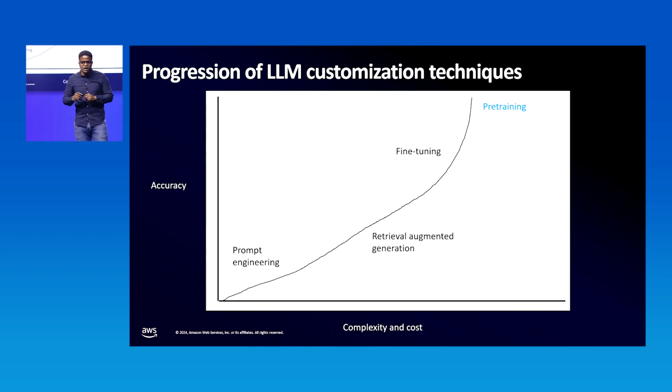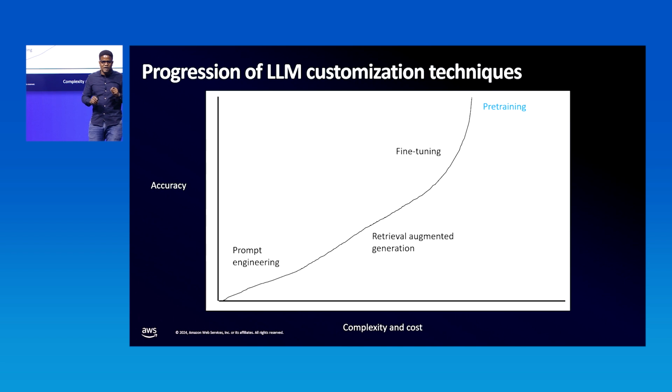And right at the top, we have pre-training, where we take a base model and train it on large text corpora in an unsupervised manner. And pre-training offers the highest potential for accuracy improvement. However, it's the most costly and complex method to implement. As we move up the curve, we see a clear trade-off.